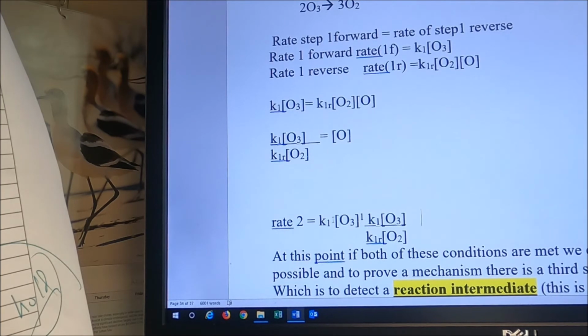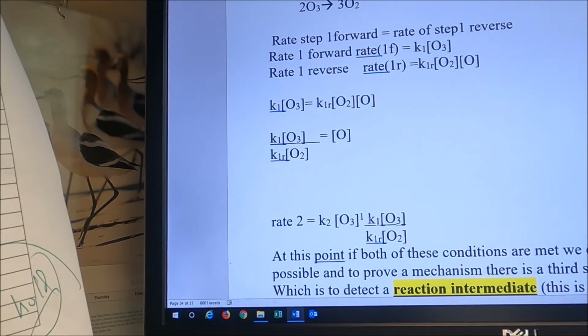Now I have a constant, k2 times k1 divided by k1 reverse.